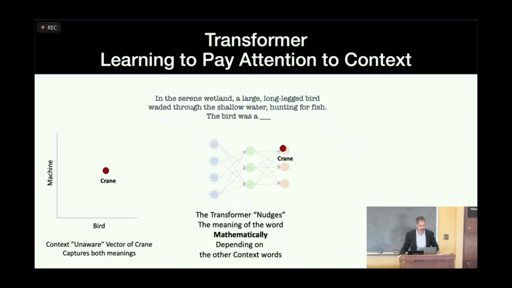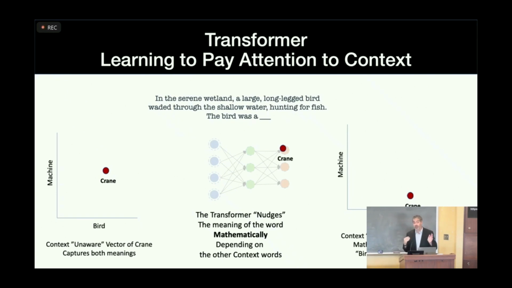So look at this sentence here: in the serene wetland, a large-legged bird waded through the shallow water. And it's like, oh, well, you can mathematically figure out that we're asking for the bird version of it, not the construction version, by nudging it mathematically that way.